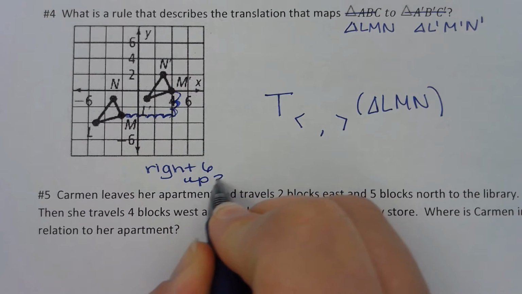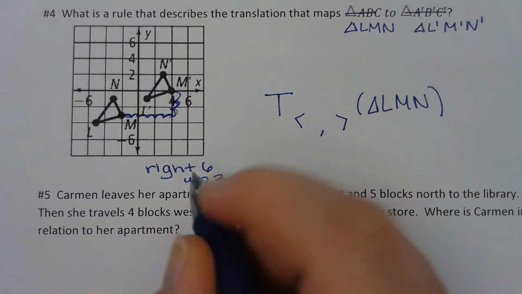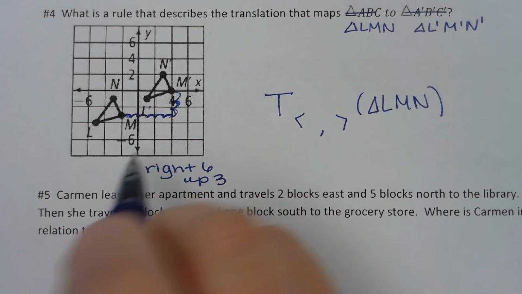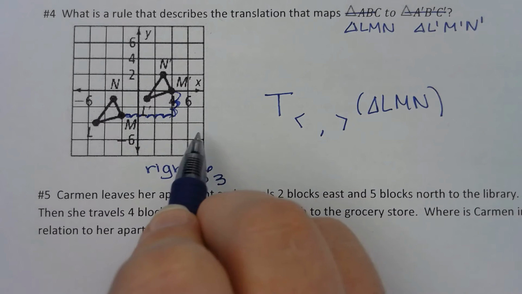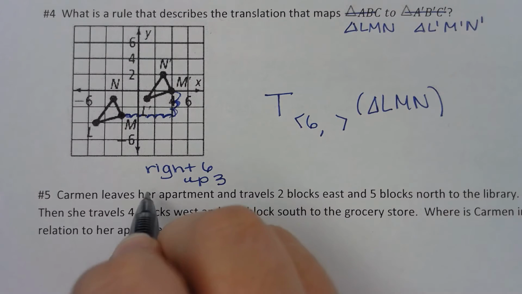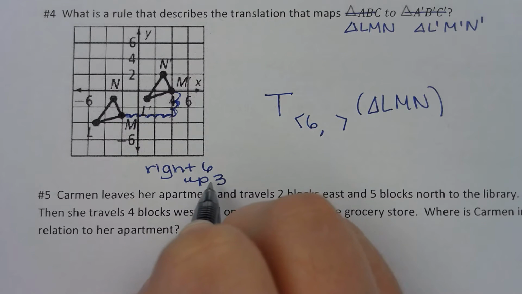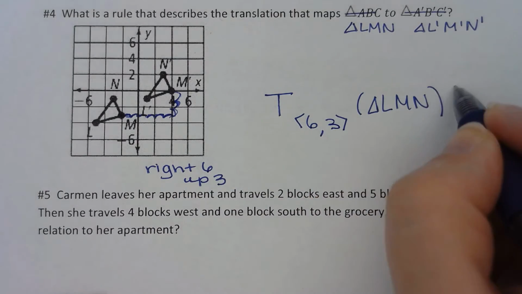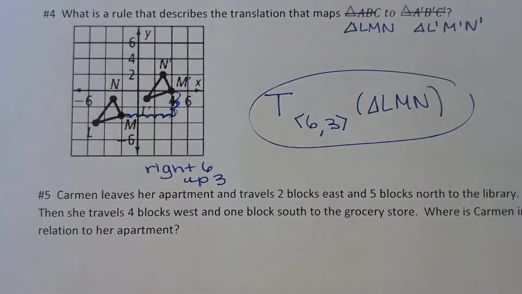Up 3. Now you're just going to take these numbers and put them in the right spot. Right 6 is x going +6. So +6 comes on my x spot, and then up 3 is going to be positive on my y. So the 3 goes here. And that's my answer.